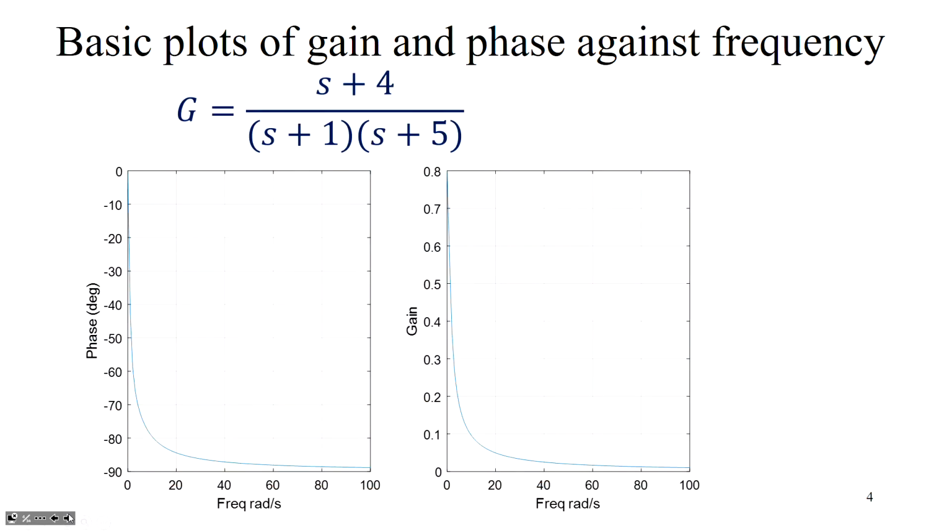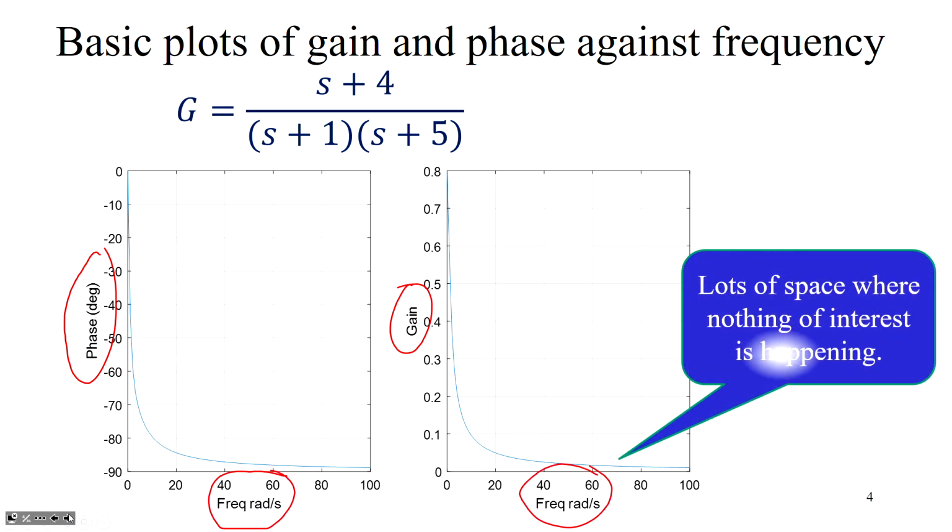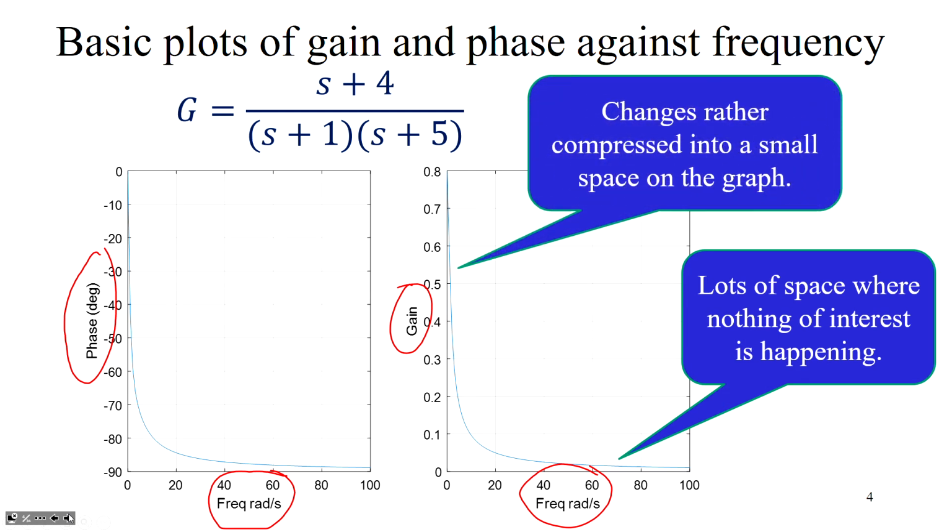So here's some plots of frequency response. You can see here I've got the phase on the left and the gain on the right and frequency down here on the horizontal axis. What do you notice? There's lots of space in these graphs where nothing much of interest is happening. And where all the changes are happening, it's all compressed into a tiny little space on the graph.